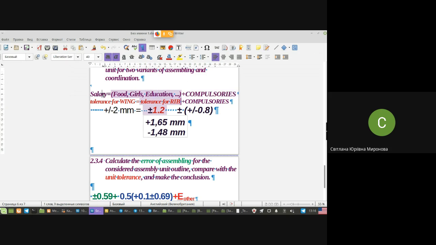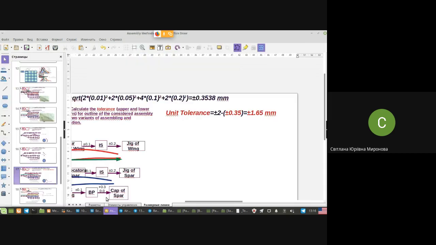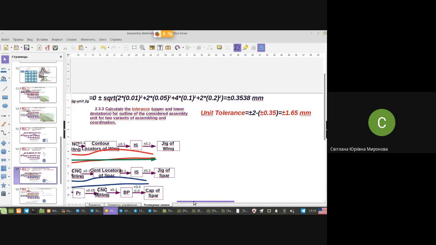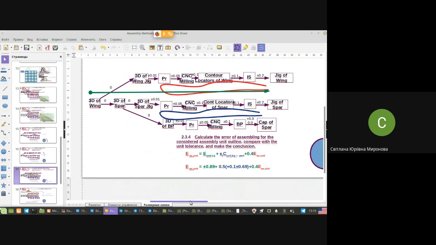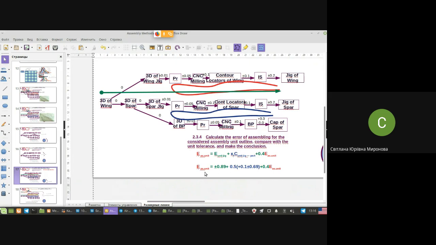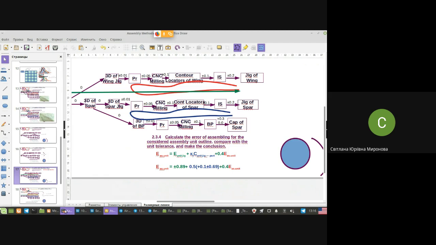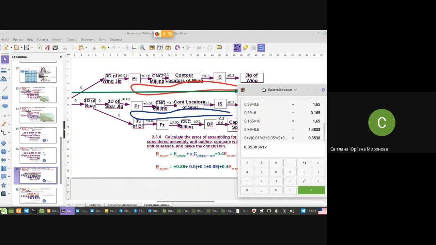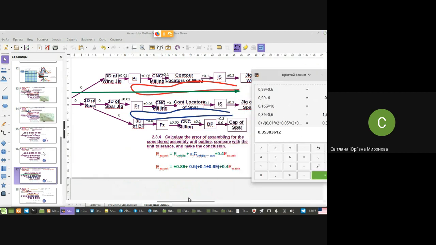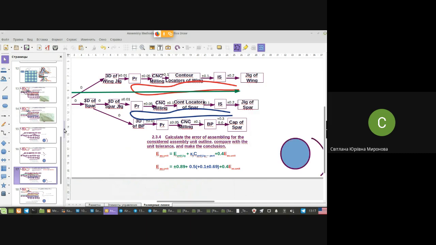With the same salary, you have more opportunity to spend on food, entertainment, creating a family, education, whatever. Well, let's come back here. Now we need to recalculate the error of the jig. It's not difficult at all. I hope you already understood how we're doing this. It's not a trick for you any longer.